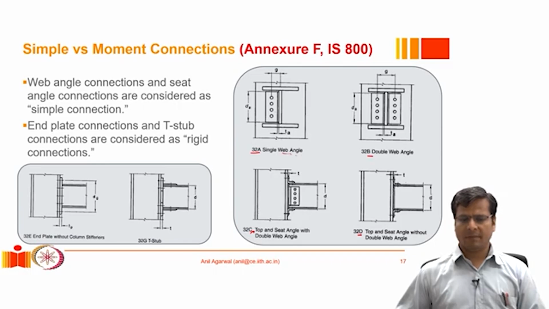This is a single web angle connection. Most of the time the connections have bolts in these diagrams, but they need not have only bolts. They could also have some parts welded, depending on constructability and the prevailing practices.